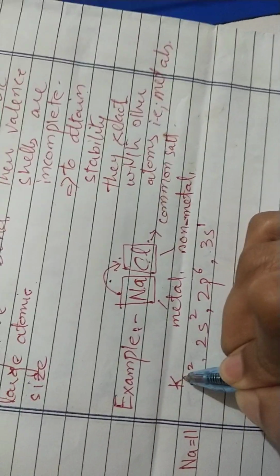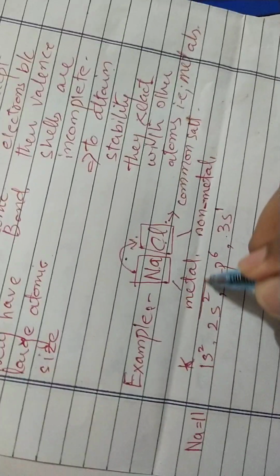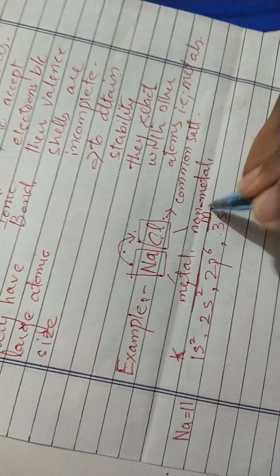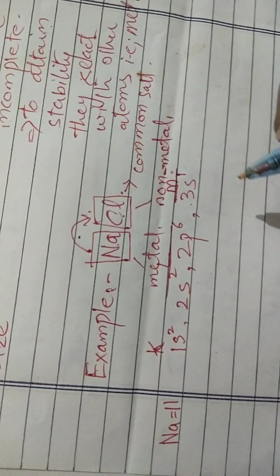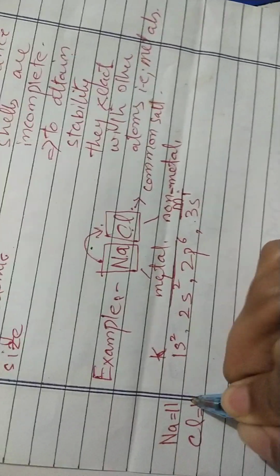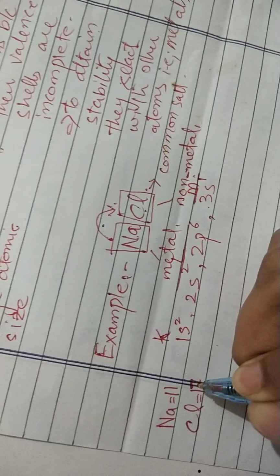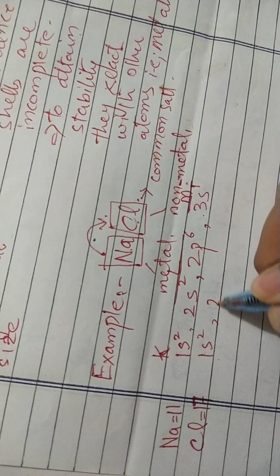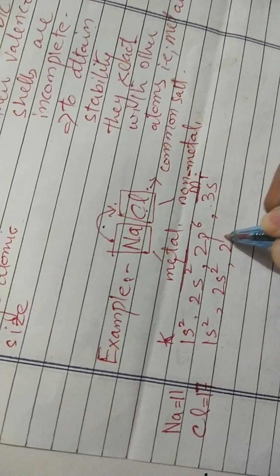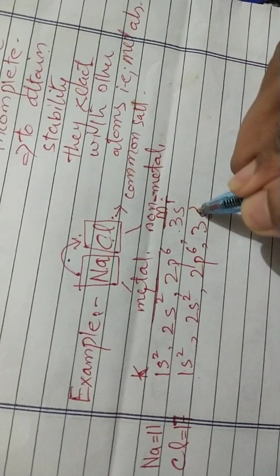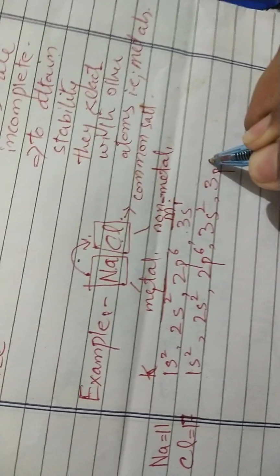Its first shell, then second and then third shell. Similarly, the electronic configuration of chlorine, whose atomic number is 17, is 1s2, 2s2, 2p6, 3s2 and 3p5.